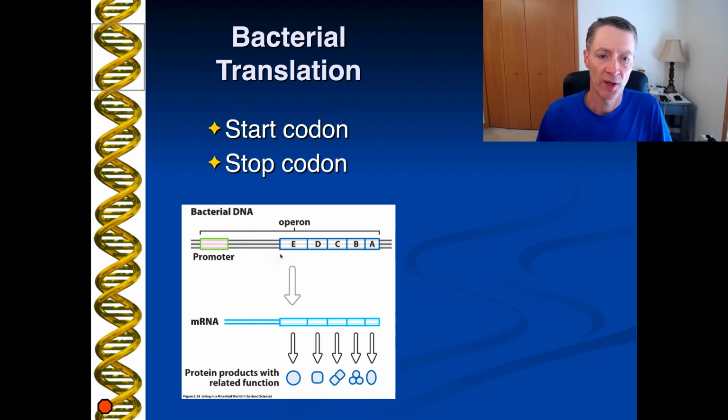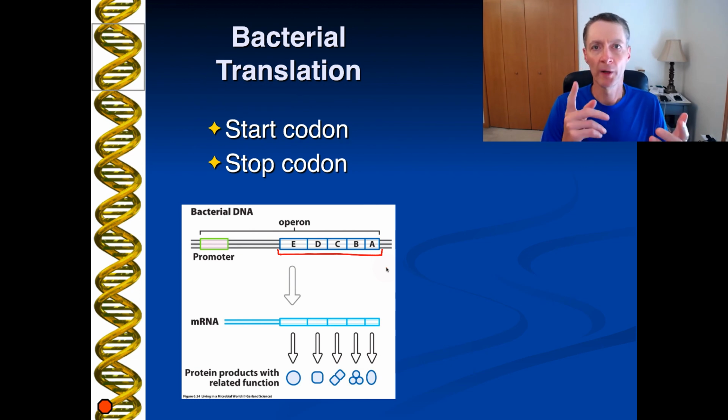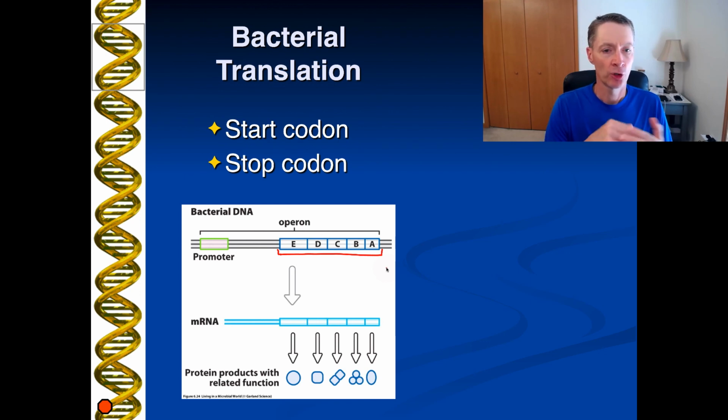Okay, so an operon is going to have several genes, like these genes here, A through E. And let's imagine they all are related in that they all play a role in producing enzymes for lactic acid fermentation, right? We know that fermentation involves more than just one enzyme, right? So several enzymes would be produced.